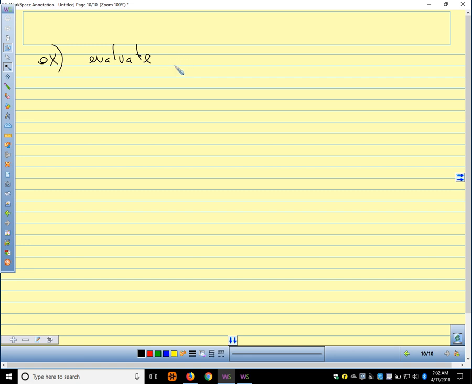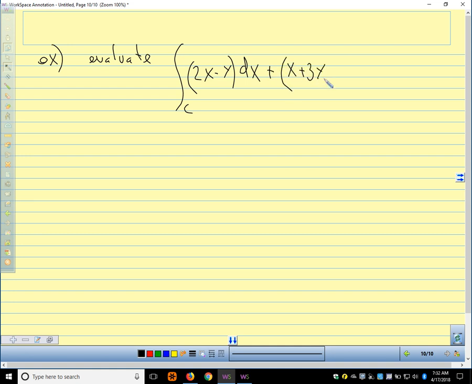So let's evaluate the integral over our curve of 2x minus y dx plus x plus 3y dy, where the curve is the arc on y equals x to the 3 halves from 0, 0 to 4, 8.